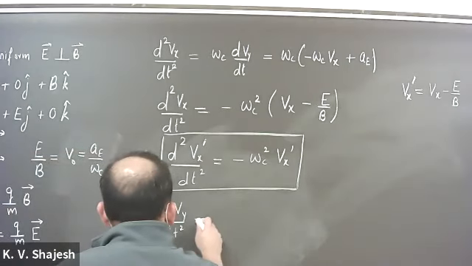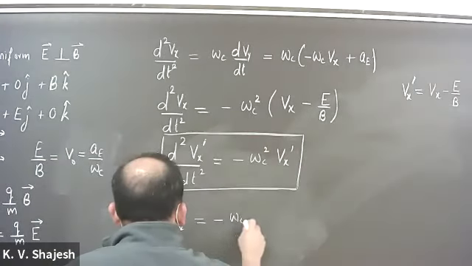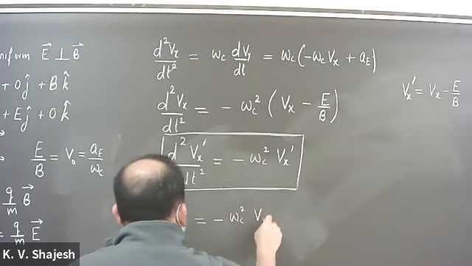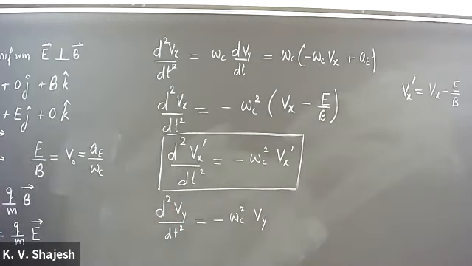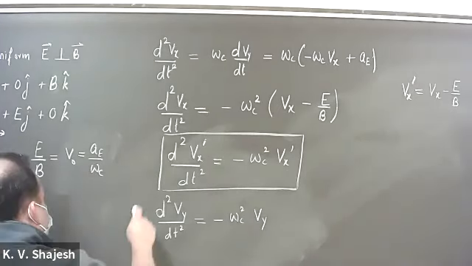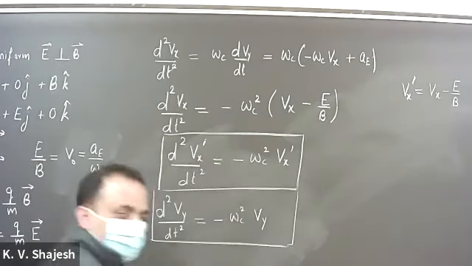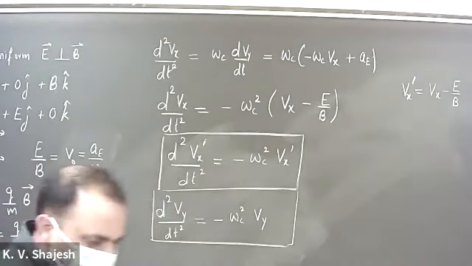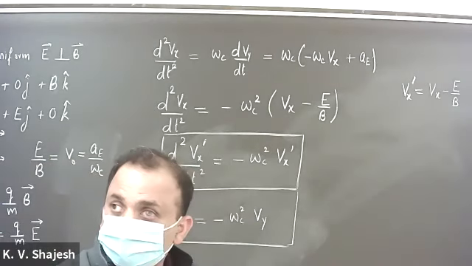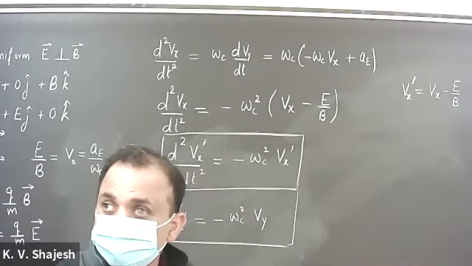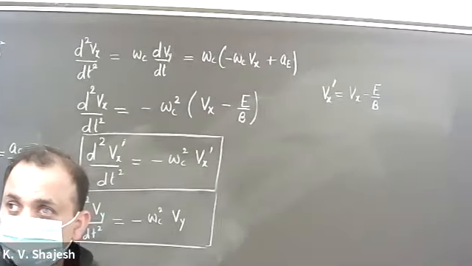This is equal to minus omega c squared times Vy itself. So Vy remains exactly the same as earlier, right? There is no change at all. So that's your second equation. We know how to solve this.